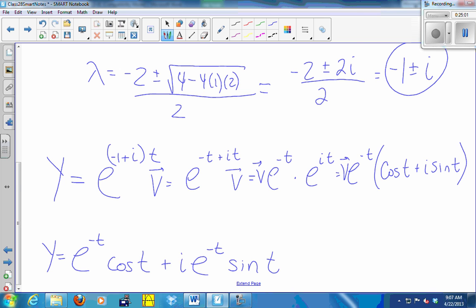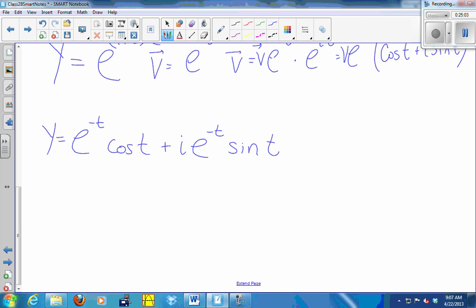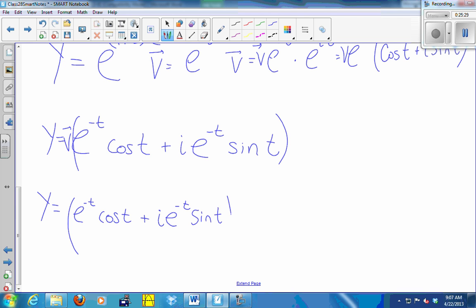So I'm just throwing the eigenvector into all of these equations. So y equals e to the negative t cosine t plus... and then my eigenvector is 1, negative 1 plus i.